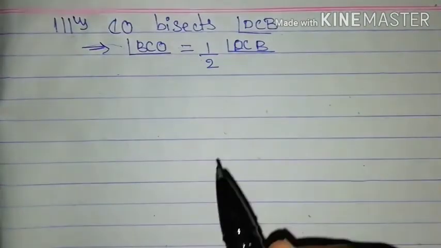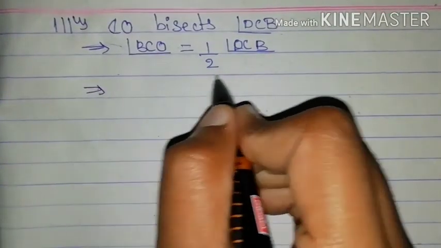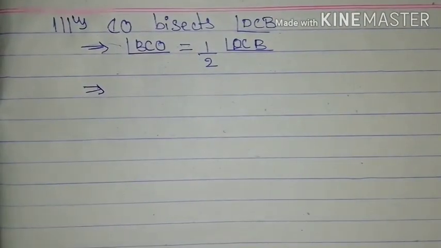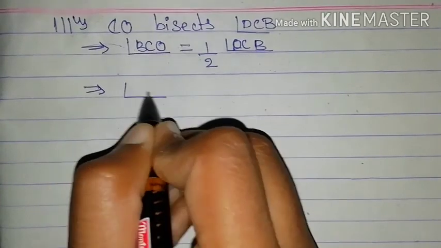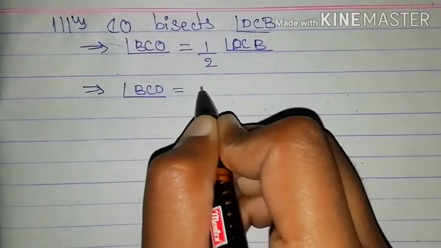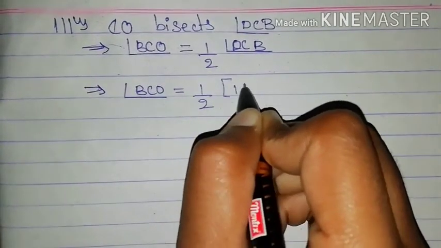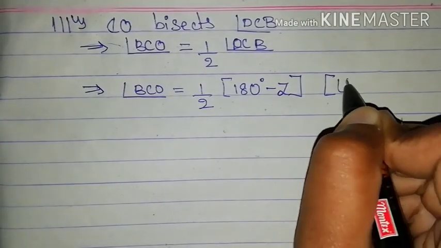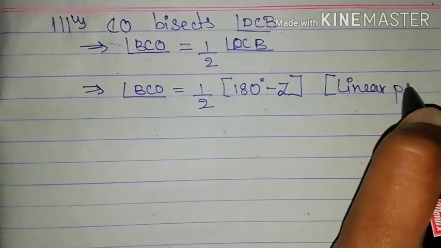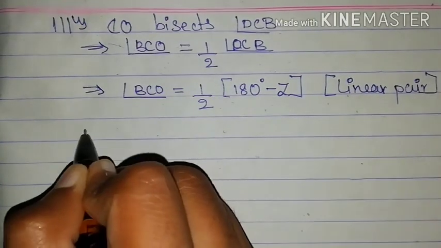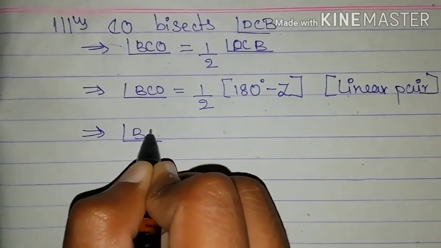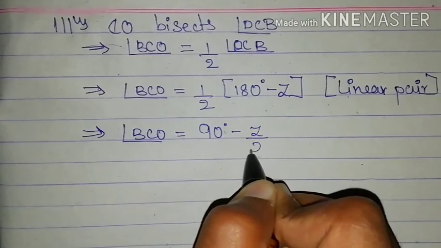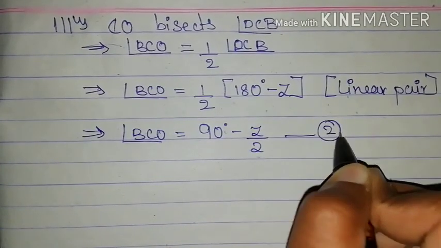Similarly, angle DCB is a linear pair with angle Z of triangle ABC. So angle BCO is equal to half of 180 degrees minus Z because they are a linear pair. On simplifying, we get angle BCO is equal to 90 degrees minus Z by 2. Name this as result 2.